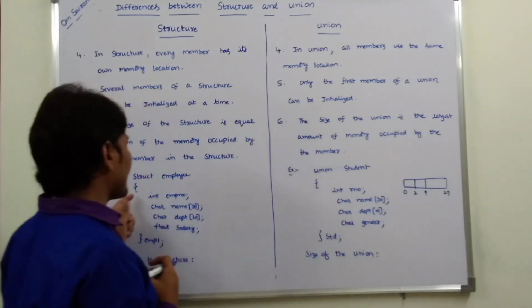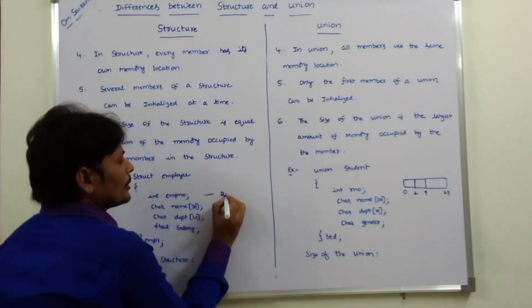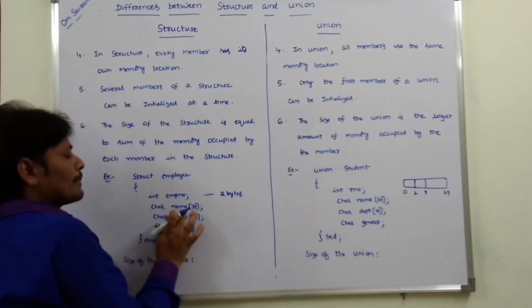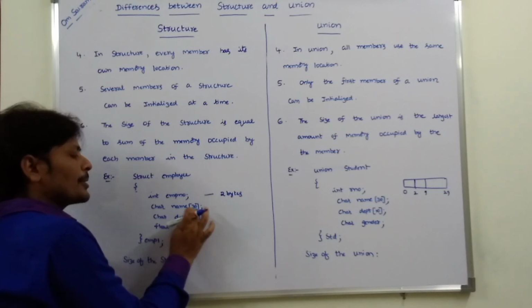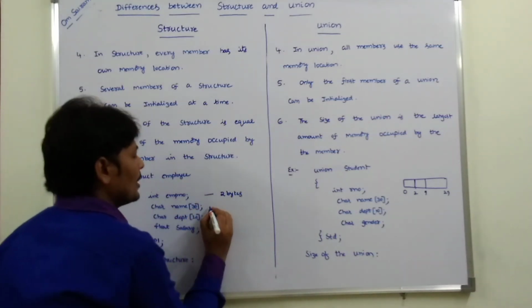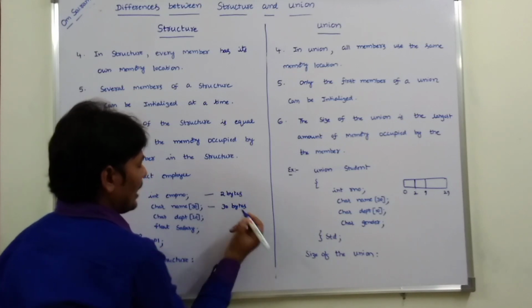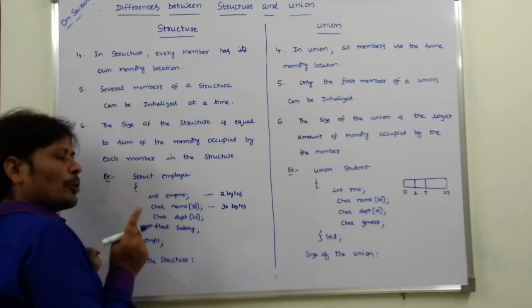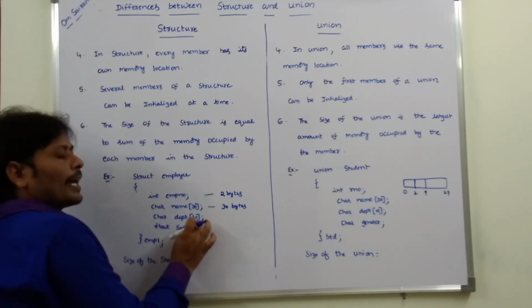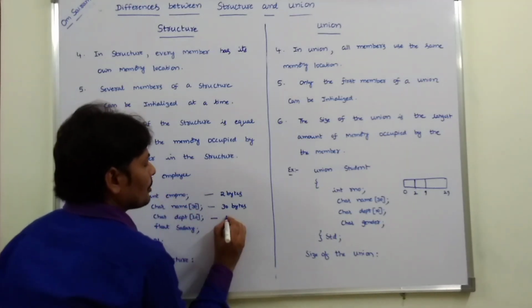Suppose we take this example. This member occupies 2 bytes according to the Windows operating system. This member is a character and occupies 1 byte. How many characters do you want to write? 30 characters, so that is 30 into 1, which is 30 bytes of memory. Char DEPT of 20: one character occupies 1 byte, and there are 20 characters, so that is 20 bytes.